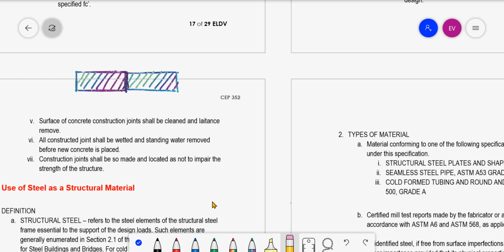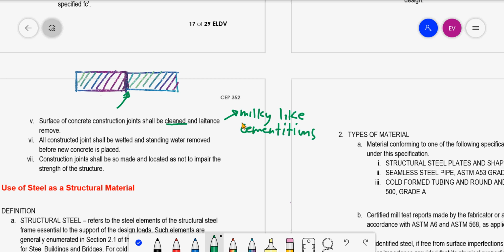In this case, the joints should always be cleaned and all the laitance removed. The laitance is simply the milky-like cementitious material that often are residues of a previously poured concrete.